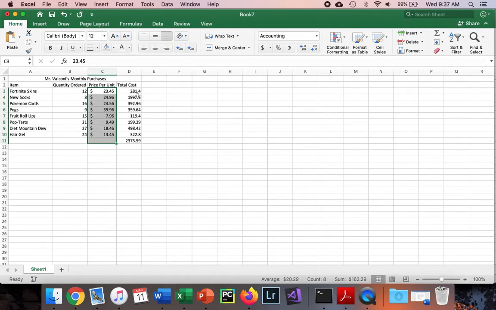Next thing we're going to do is highlight cells C4 to D10, which is this right here. And we're going to click the comma style icon just to show you. So I'm going to go here, hit the comma style, and now those dollar signs go away.